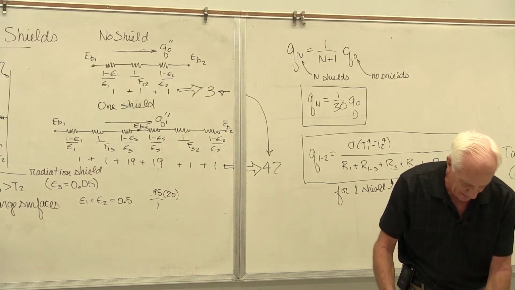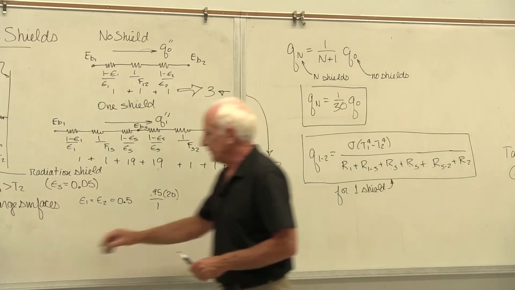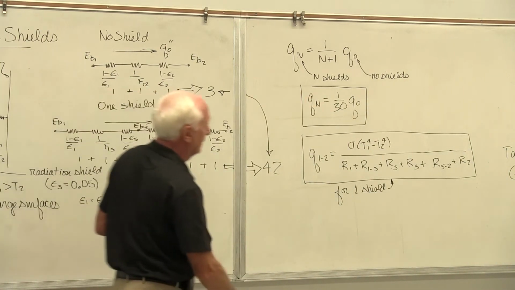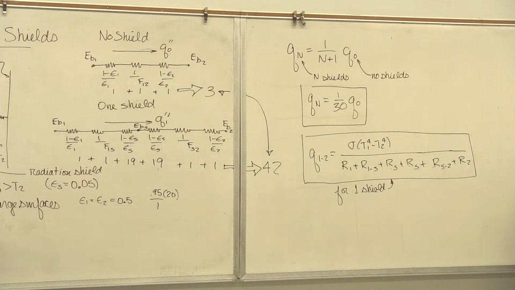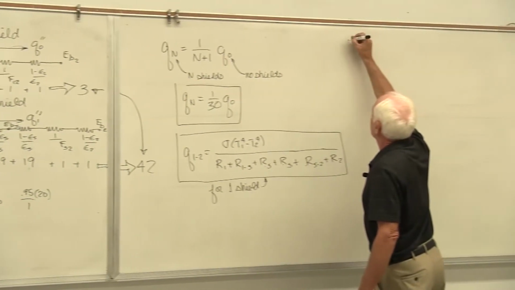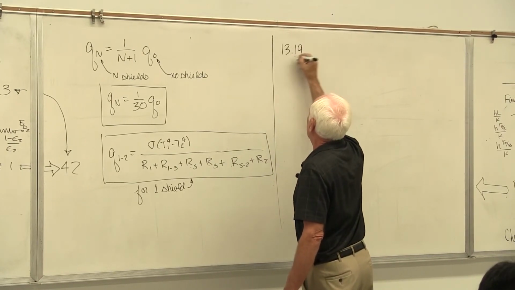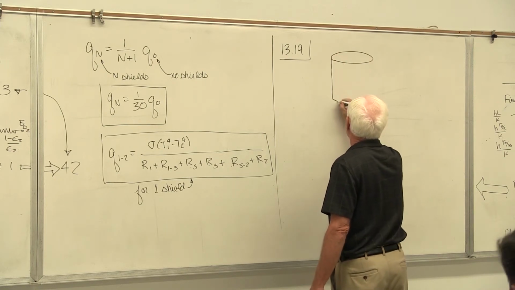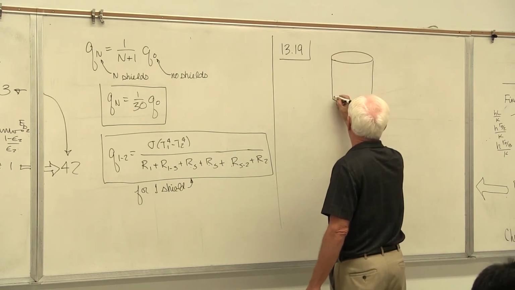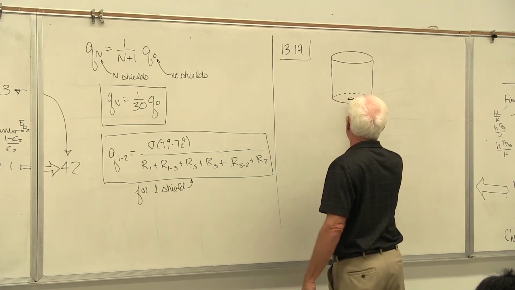All right, so now let's start with that 1319 problem. I'll put that here, 1319. Here's the picture that we've got for 1319. It's a circular cylinder with a small area here.